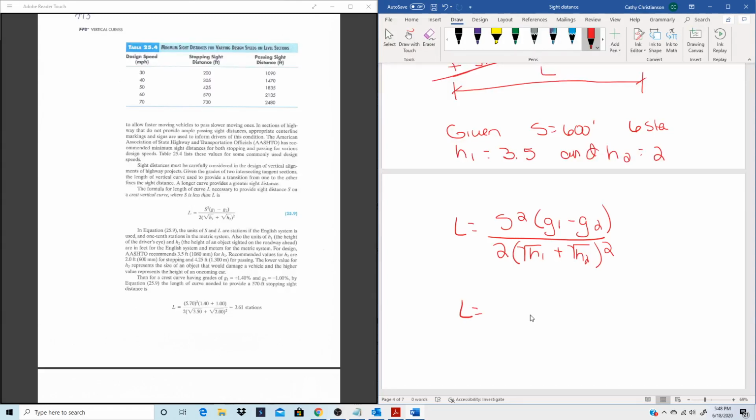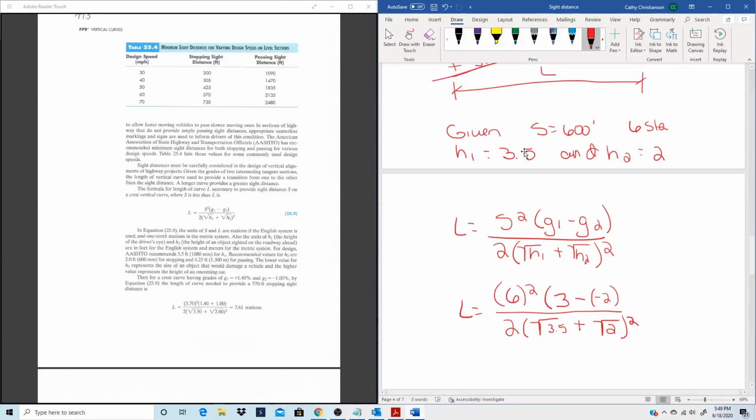L equals 6 squared, G1 is 3, and it's minus G2, which is a negative 2, over 2 times the square root of 3.5 plus the square root of 2, and this would be squared. So I'm just plugging in.